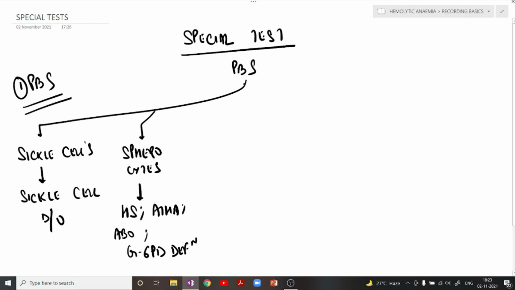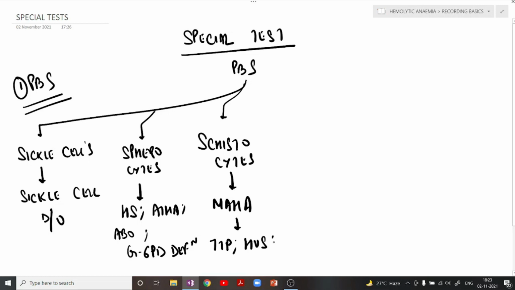Now sometimes you will see the presence of schistocytes. Classically, schistocytes are seen in microangiopathic hemolytic anemia, also called MAHA. And what are these conditions? These are TTP, HUS, and disseminated intravascular coagulation. TTP stands for thrombotic thrombocytopenic purpura, HUS stands for hemolytic uremic syndrome, and DIC stands for disseminated intravascular coagulation.